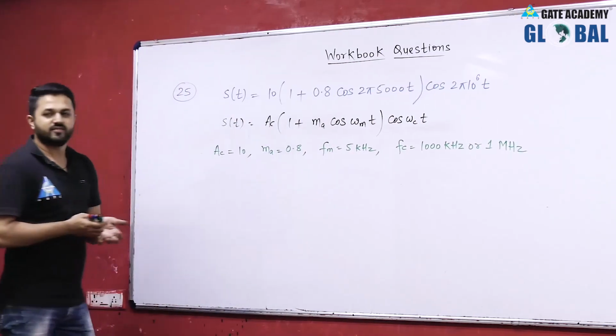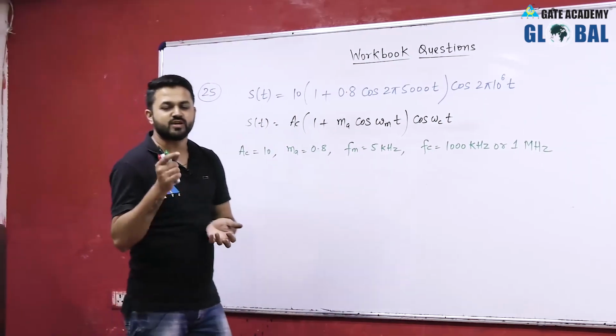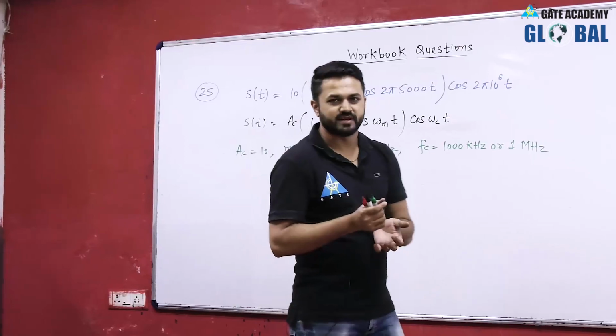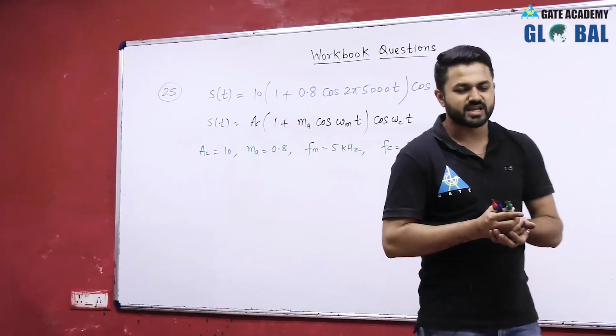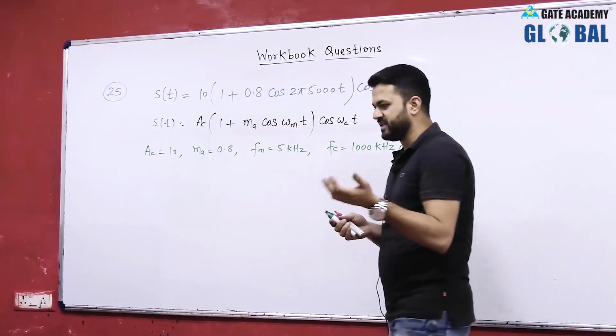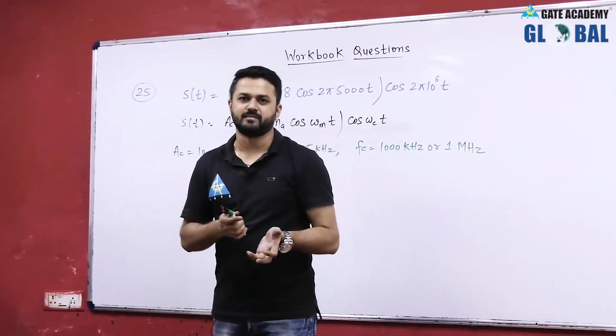Okay, so what about the tuned circuit? The tuned circuit is nothing but a band pass filter, a practical band pass filter, because if the band pass filter is having variable gain, that means it is a practical band pass filter.